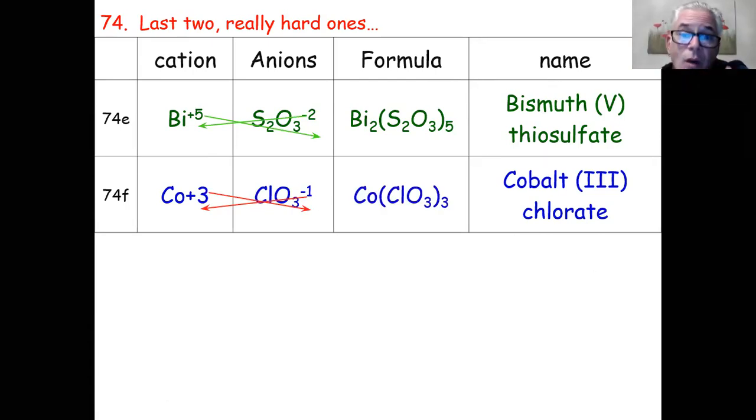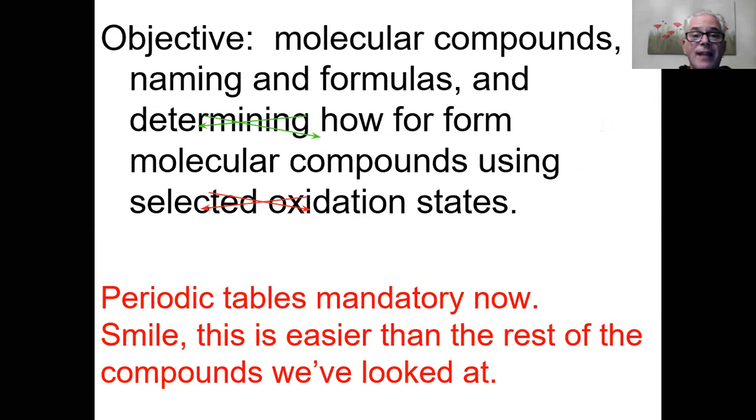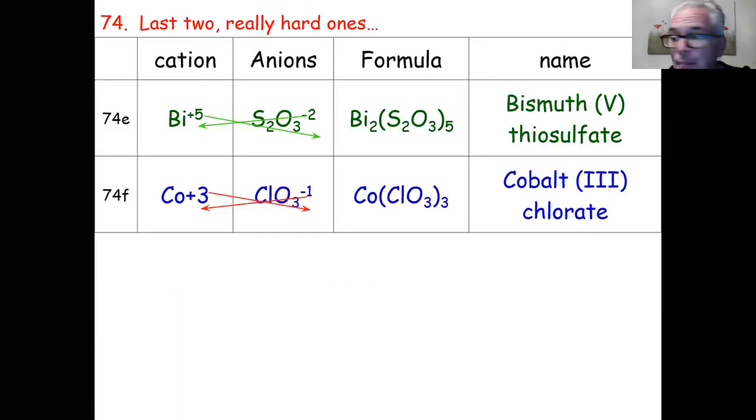Co, we don't write the 1, and then ClO3 is tripled because we need 3 of them. Cobalt, Roman numeral 3, chlorate, the name. Say the name of the cation. In this case, the name of the cation has a middle name, the Roman numeral, and say the name of the polyatomic ion without changing it. And that's it. We be DONE done.